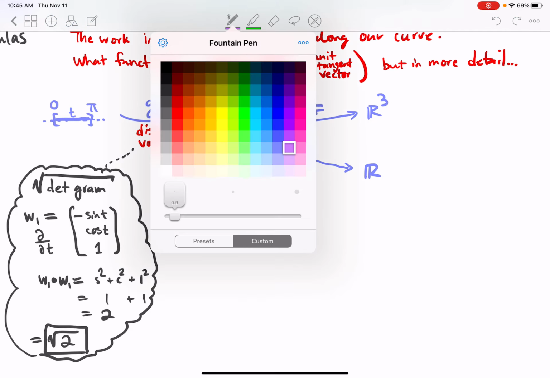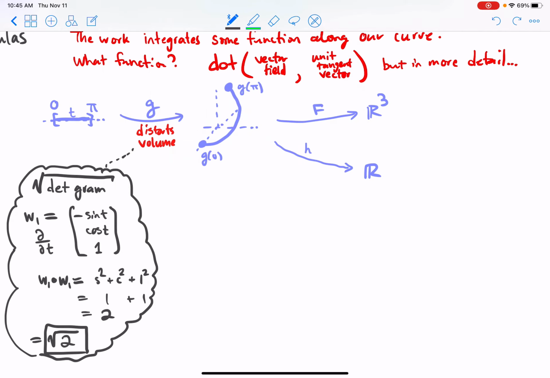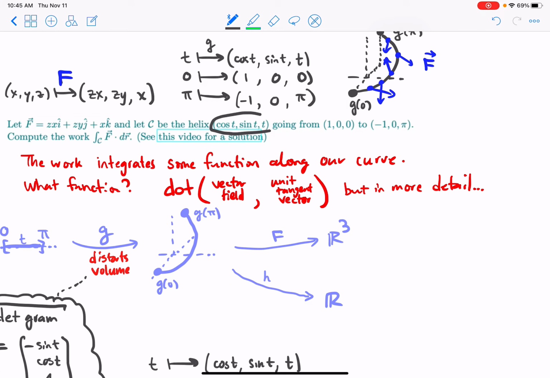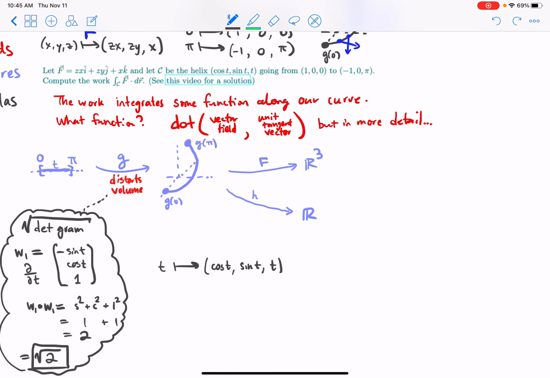Okay. So first let's just remember what g does. g takes t and sends it to cos t, sine t, t. Did I get that right? Cos t, sine t, t. Yes.